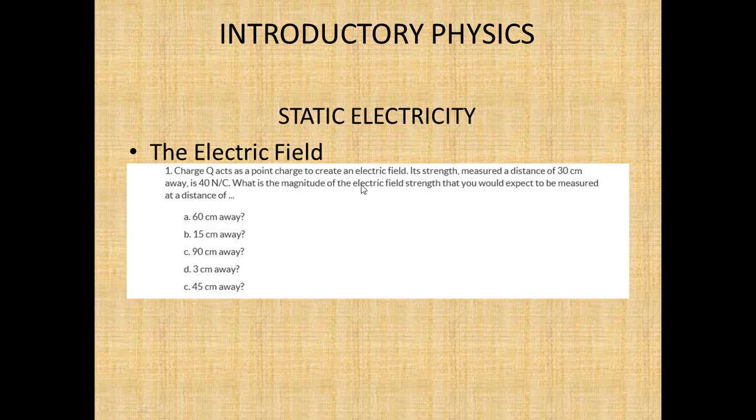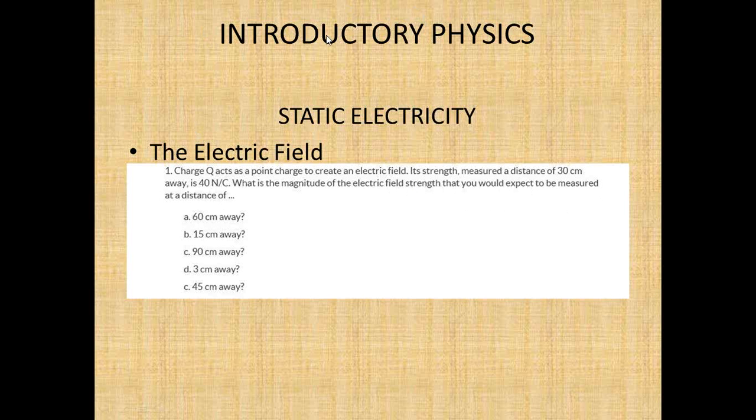What is the magnitude of the electric field strength that you would expect to be measured at a distance of 60 centimeters away? This points towards the definition of electric field strength.